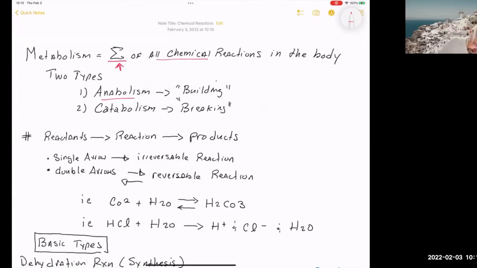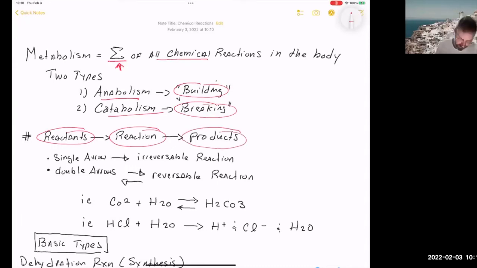There are two types: anabolism, building up, and catabolism, breaking down. So the general way that a chemical reaction works, it doesn't matter if you're building or breaking, is you have reactants. Whatever is going to be involved in the chemical reaction, those are called the reactants. Then you have the chemical reaction, and the result of that chemical reaction is called a product. So reactants become products, right?